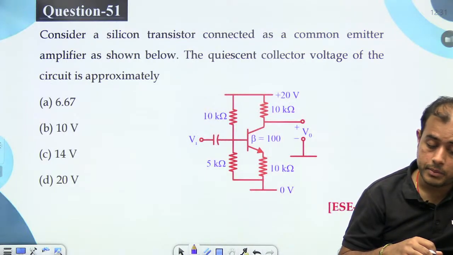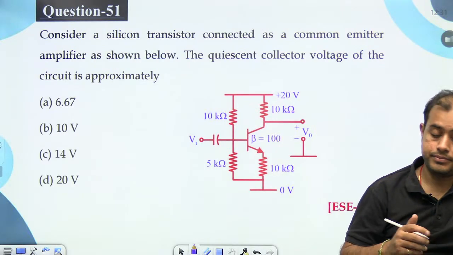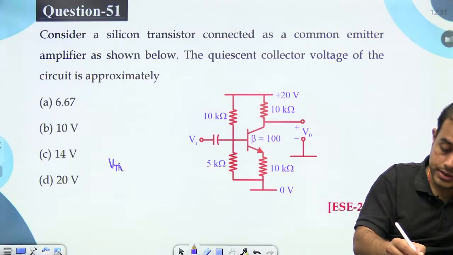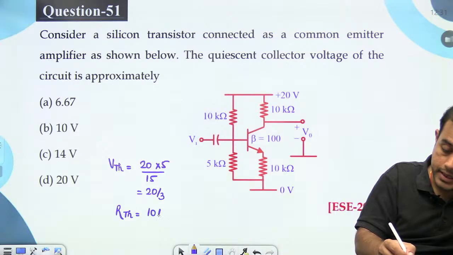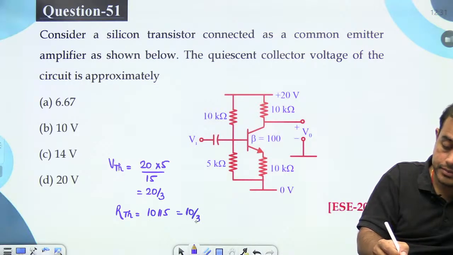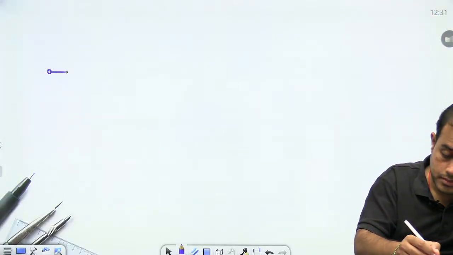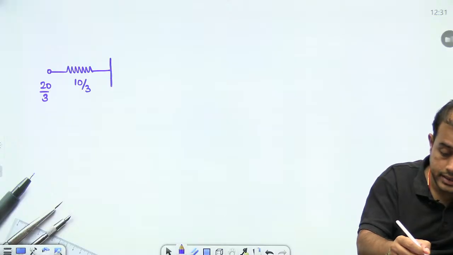Silicon transistor as a common emitter amplifier: the quiescent collector voltage. It is asking for VC. So again beta, VTH, and RTH is 10 parallel 5, which is 10 by 3.